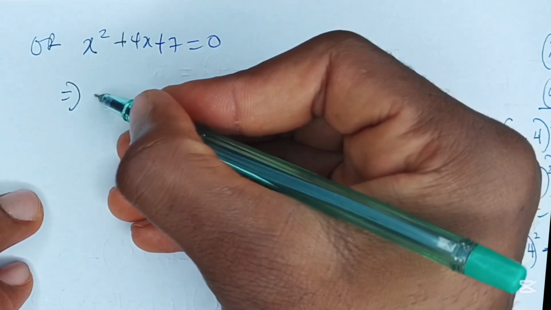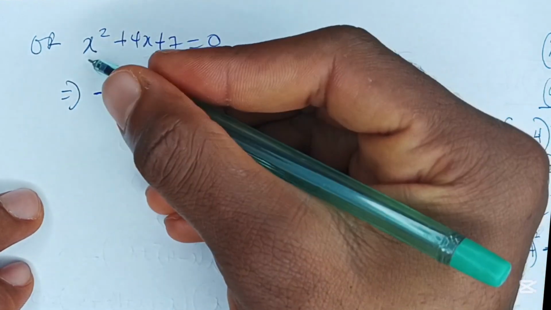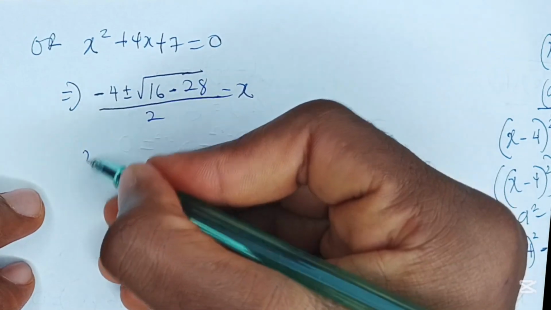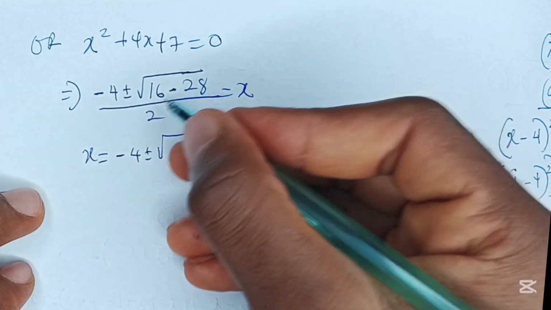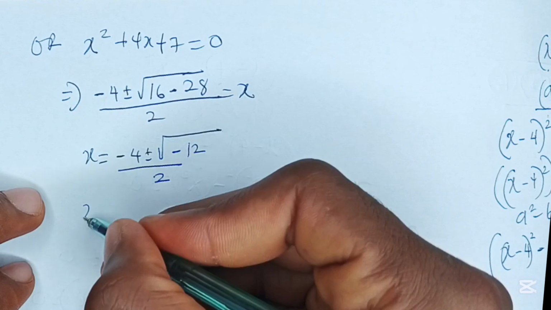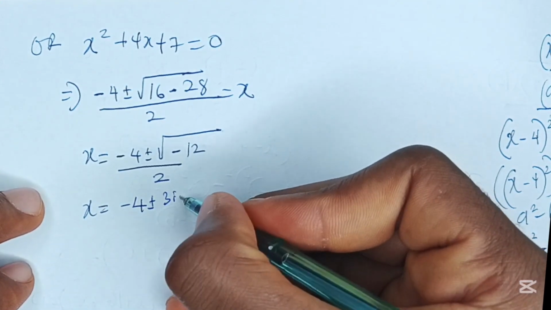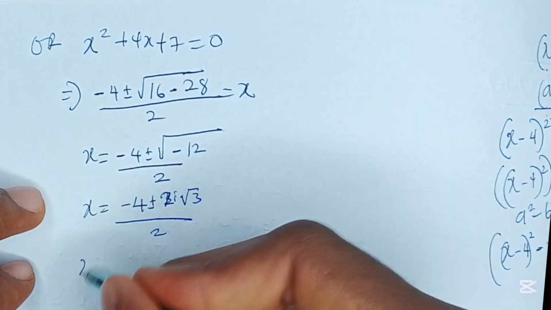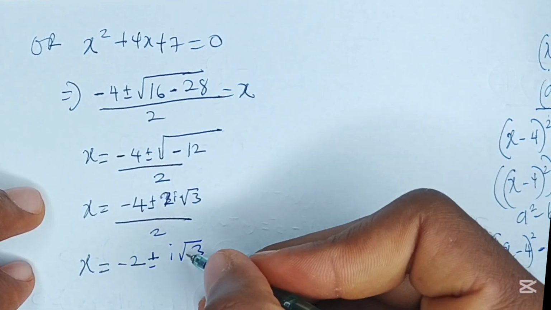Using the quadratic formula, we have -4 plus or minus the square root of 16 - 4 times 1 times 7, which is 28, all over 2, to be equal to x. 16 minus 28 is negative 12, all over 2. X will be equal to -4 plus or minus 2i root 3, all over 2. Now x will be equal to -2 plus or minus i root 3.